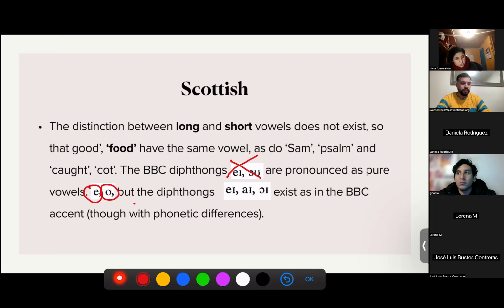But the diphthongs ai and oi exist as in the BBC accent. So in the Scottish accent, you're not going to find those two, however, you're going to find ai and oi.